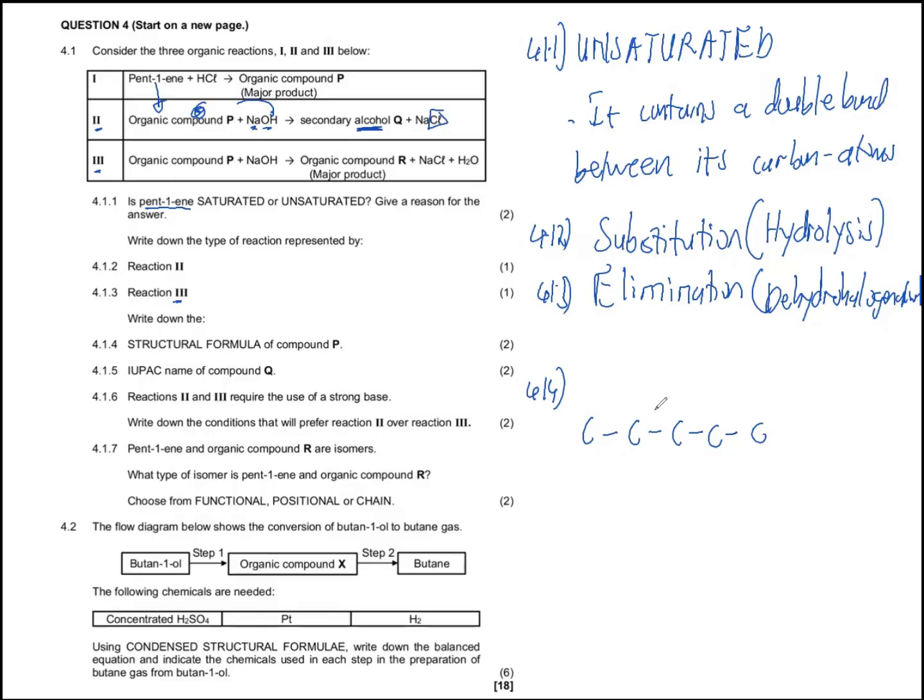It's up to you wherever you put it; I prefer to just number from the left, so this is 1, 2, 3, 4, 5. Then my chlorine would have to be on the second carbon, making it a secondary haloalkane. Now, how do I know that? Because even the product that has been created is a secondary alcohol. So there we go.